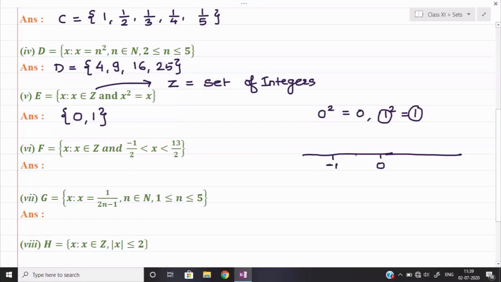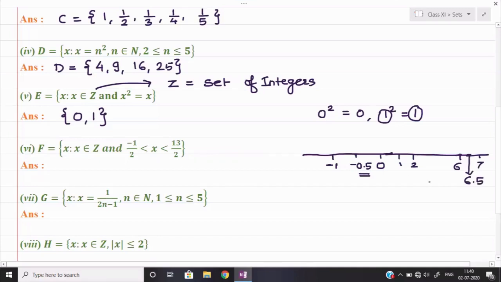Definitely in the middle of that will come minus 0.5. From this value we are going to start, then 1, then 2, and similarly we go up to 6, and then the next value will be 7. In the middle of 6 and 7 will be 6.5.